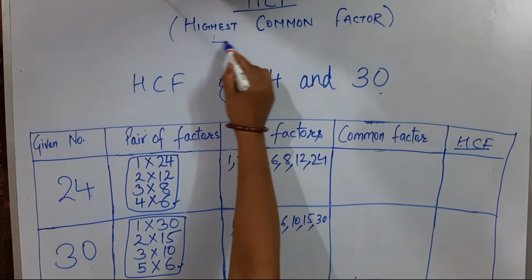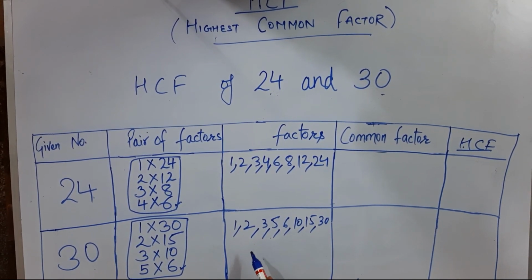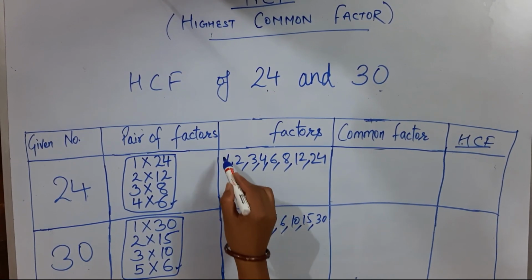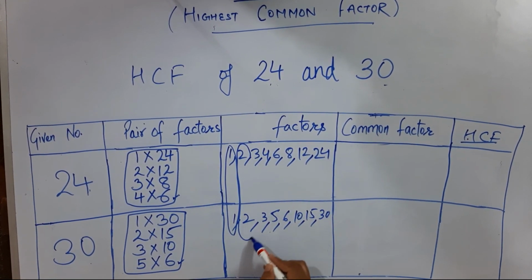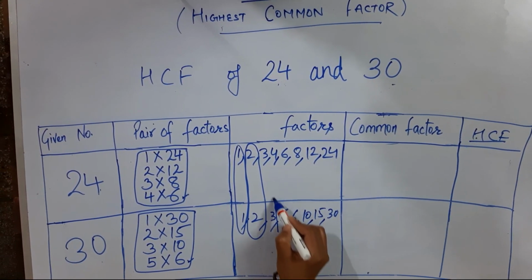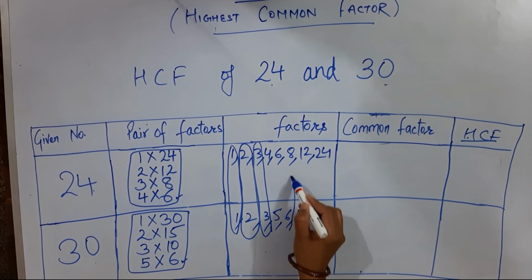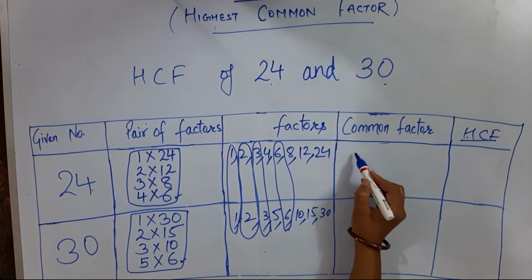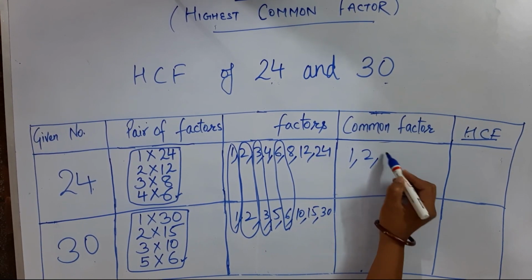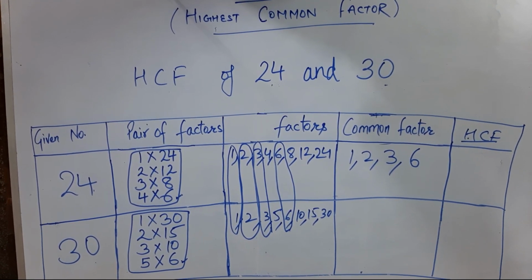Now what do we have to find? Highest common factor. First of all I will find the common factors. What are the common factors here? 1, 2 is also common, 3 is also common. After that 6 is also common. So the common factors are 1, 2, 3 and 6.